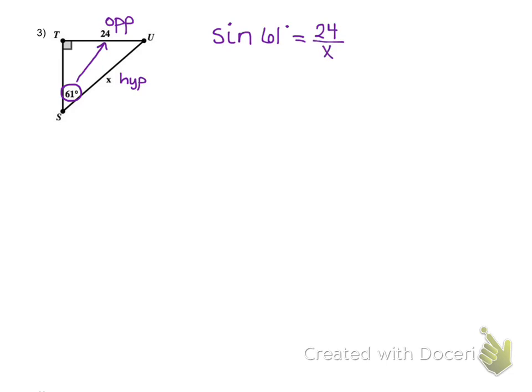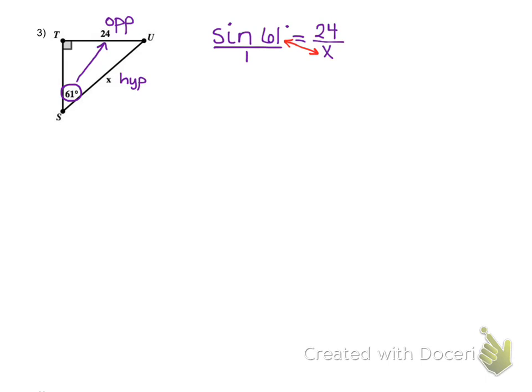Now I'm going to show you a little shortcut, a little trick to do this. When the x is in the denominator, if I wrote sine of 61 degrees as a fraction, so sine of 61 degrees over 1, there's a rule for proportions where you can switch the x and the sine of 61 degrees.